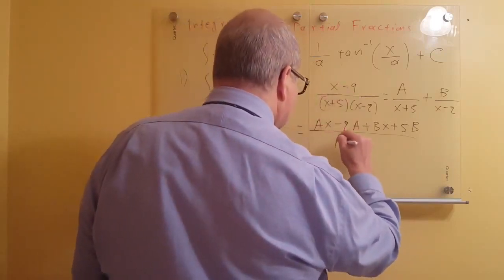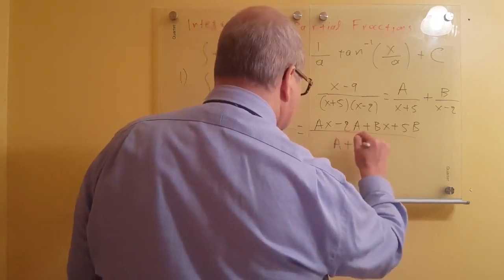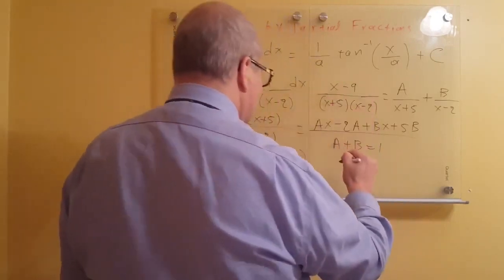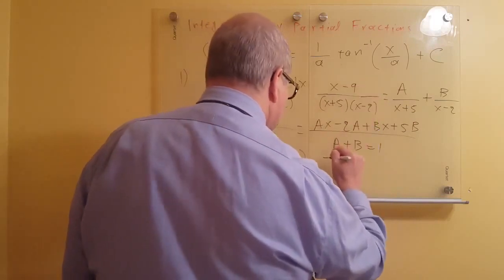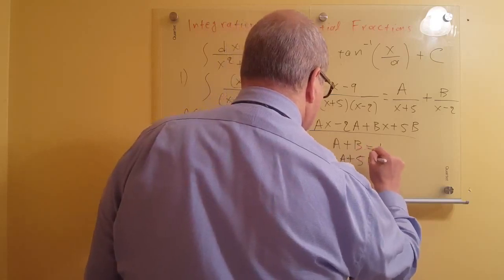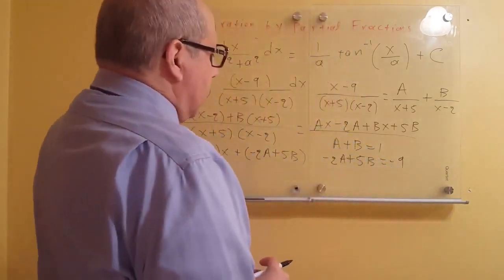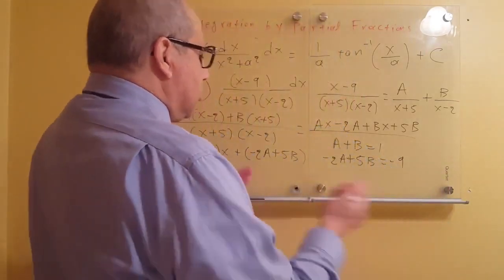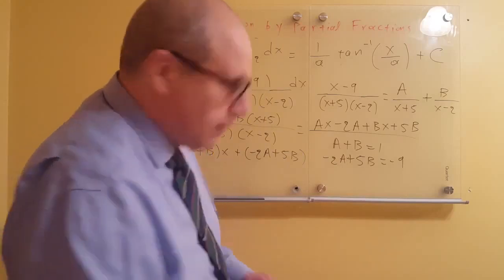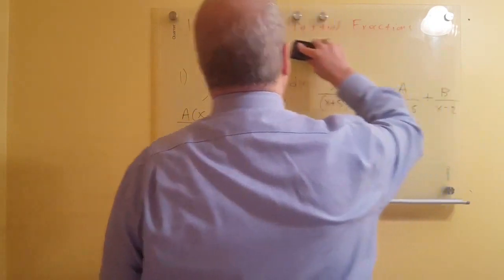So a plus b has to be equal to 1, and the constant has to be equal to minus 9, so minus 2a plus 5b is equal to minus 9. That's about it. We just have to find a and b, which is very simple. Let's erase a little bit.